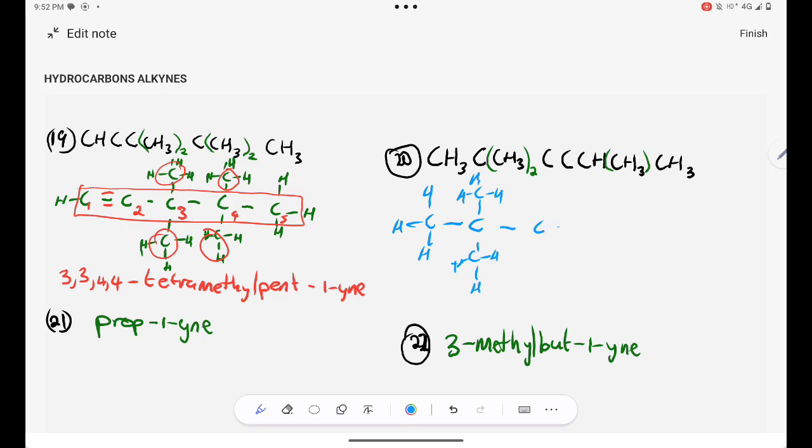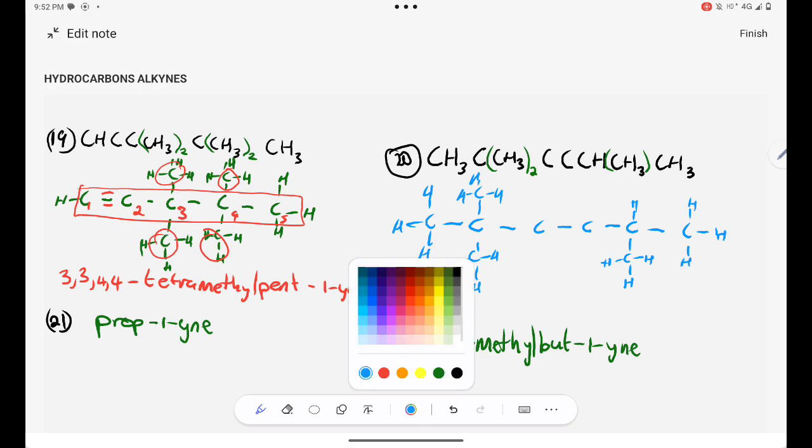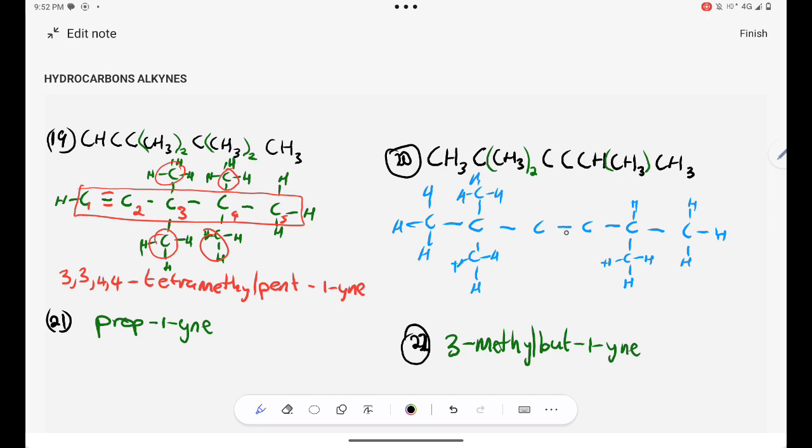And then I have a C there, another C, a C with an H and CH3, and then a CH3. There are carbons which are not fully bonded over there, and these are the carbons. Whenever you number here, you must always start from the carbon which is closer to the triple bond.